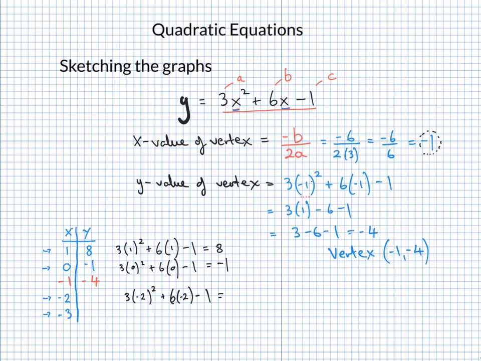Negative 2 squared is 4, times 3 is 12, minus 12, minus 1 equals negative 1. And what we find is that these values are equal. That works when the vertex is halfway between these two numbers, which it is. So on that same basis, negative 3 will be 8, the same as the value up here.